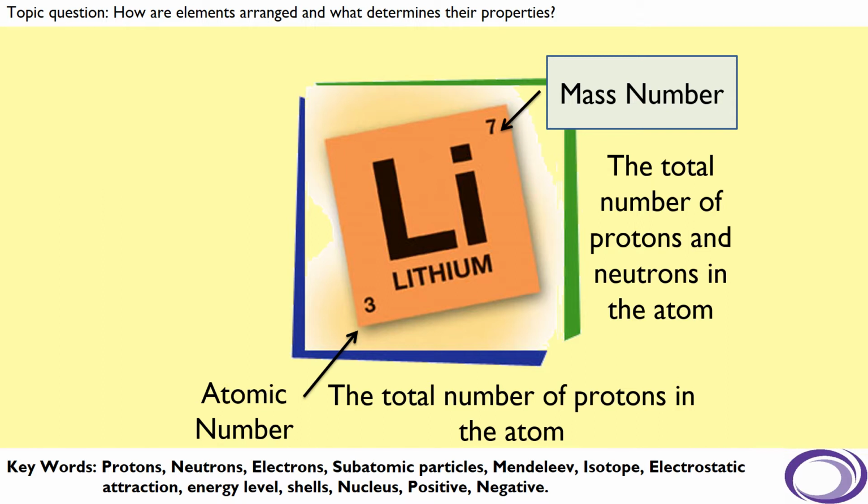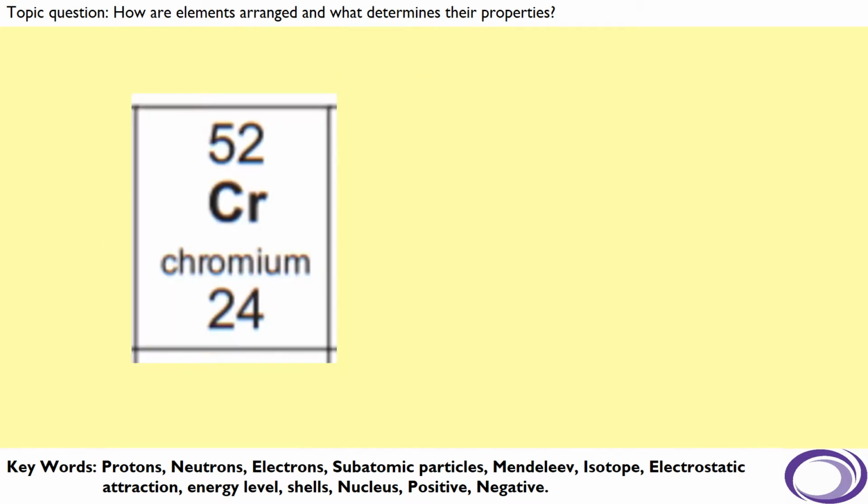So the number of protons, which are positive, will be equal to the number of electrons. So let's have a work through some of these. If we look at chromium, we've got 2 numbers. The first one is the atomic number, which in this case is 24.